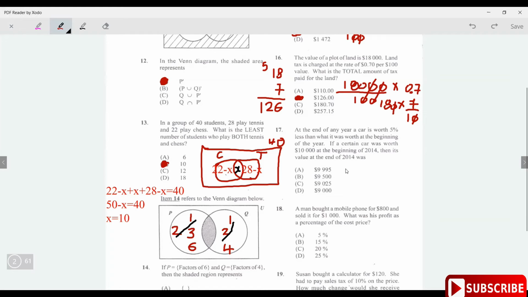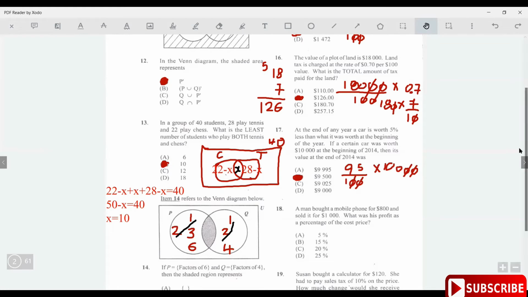Or all you need to do is work out what is 95% of 10,000. So 95% is 95 over 100, and you multiply it by 10,000. So as you can see, this 0 cancels this 0 cancels this. 95 times 100 is 9,500. And so the car is worth $9,500 at the end of the year.